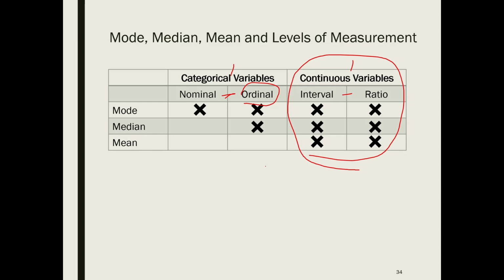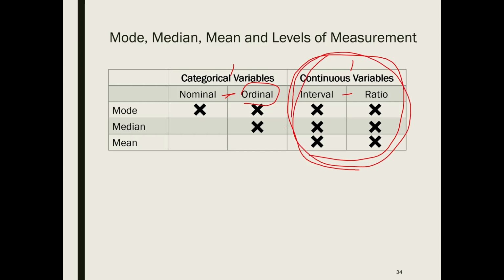For a categorical variable, the mean doesn't really mean anything. For example, me and my wife, a male and a female. What's the mean of us? Male plus female divided by 2. Well, it has no meaning, right? So it only works for continuous variables.